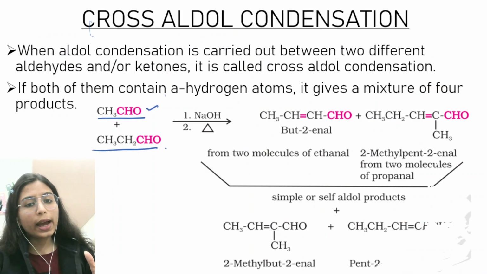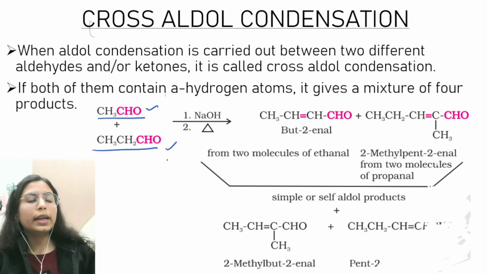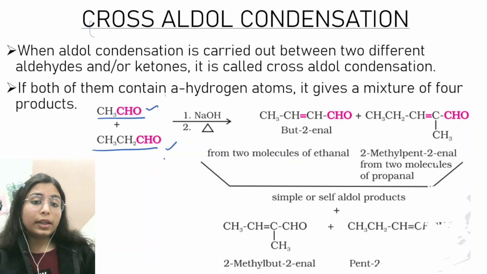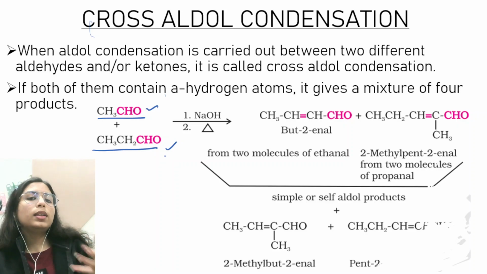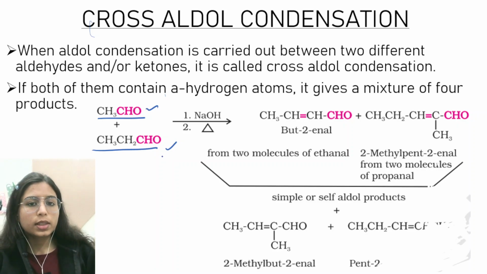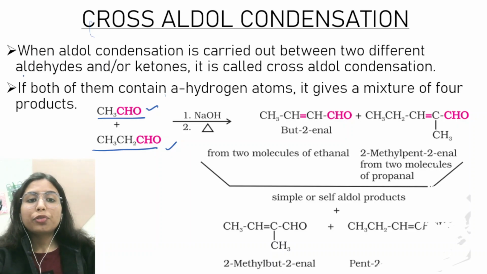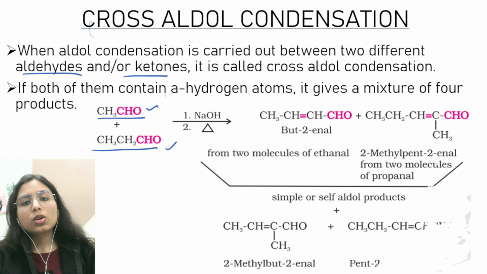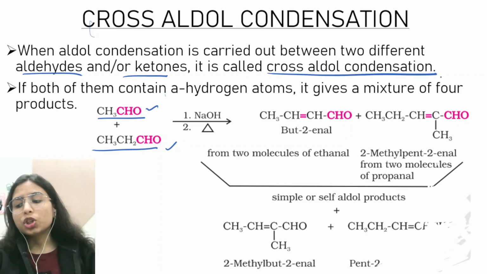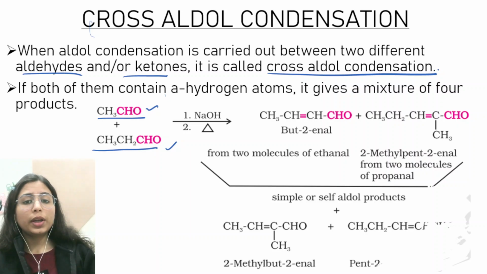So here aldehydes are present and both of them contain alpha carbons, but here we have to look at the possibilities that can be generated out of this. When the aldol condensation is carried out between 2 different aldehydes or ketones, it is called the cross aldol condensation, because here the aldol reaction is going to take place between 2 different molecules.